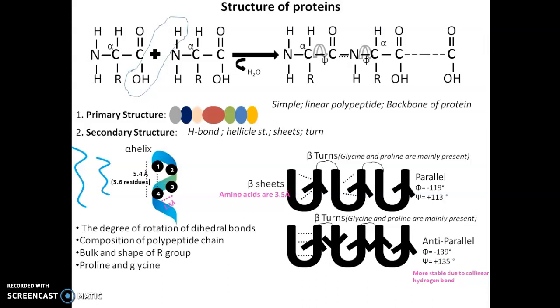Suppose now you have an unknown protein, then how can you determine its structural feature, and in what kind of conformation it is packed? This can be resolved with the help of the Ramachandran plot.